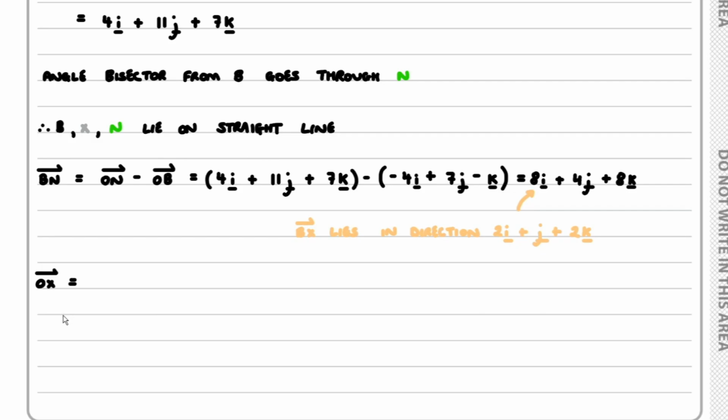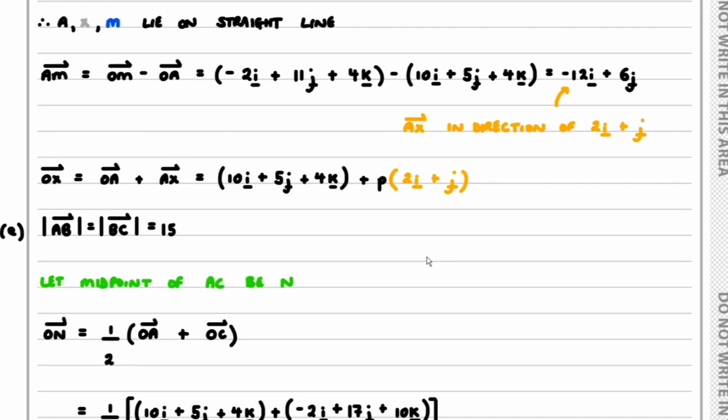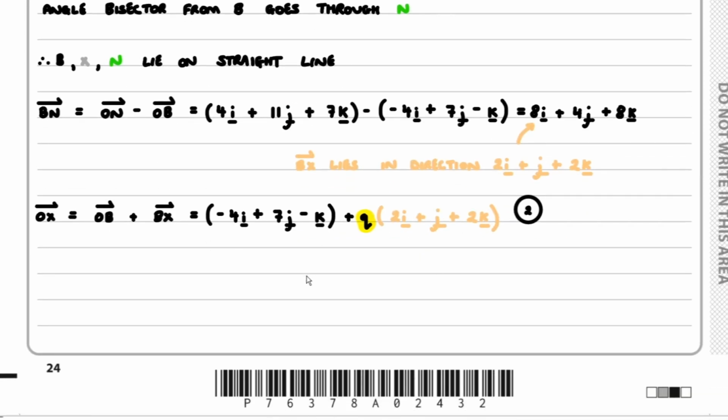The vector OX will equal OB plus BX, so I've got negative 4i plus 7j subtract k plus q multiplied by 2i plus j plus 2k. Part F. By equating the k components of the two expressions for OX, determine the value of q. What I need to do is compare this equation with this equation.